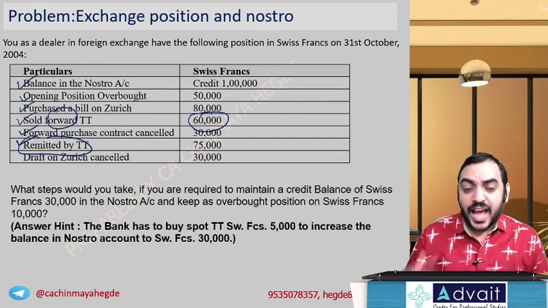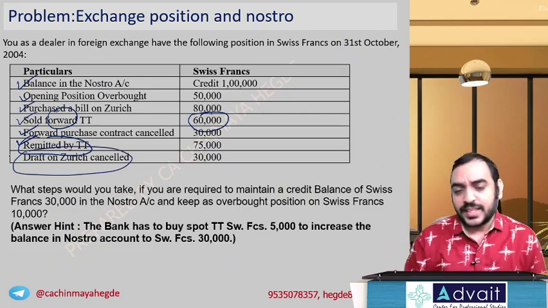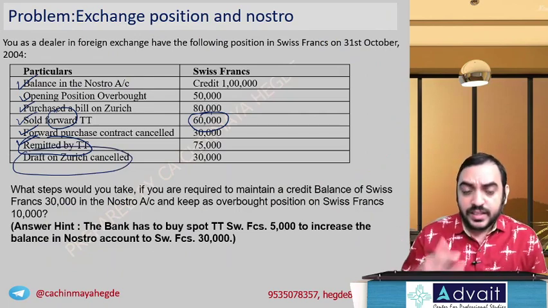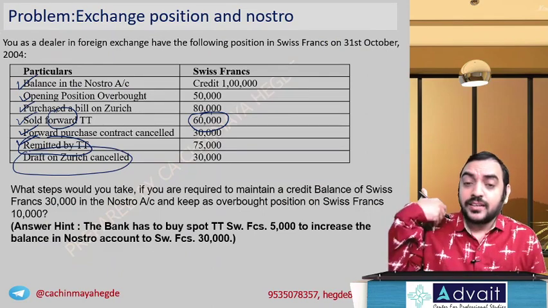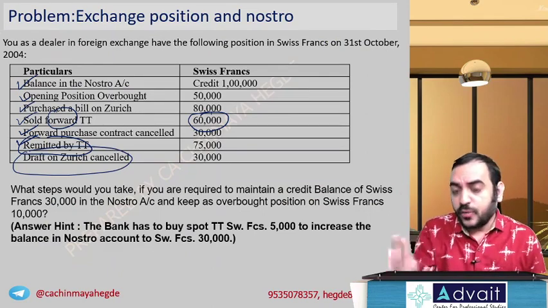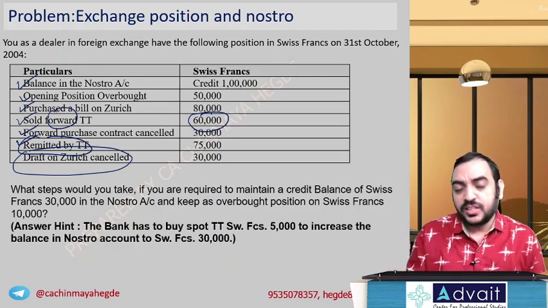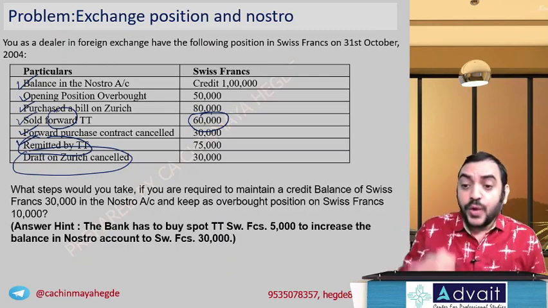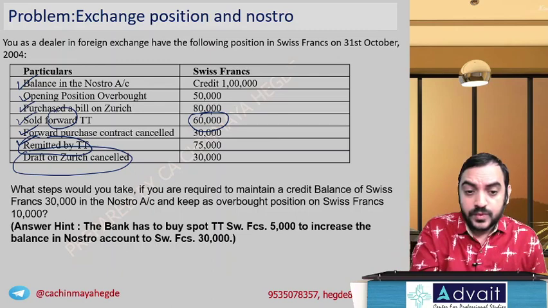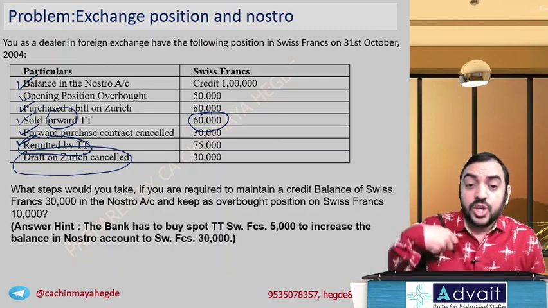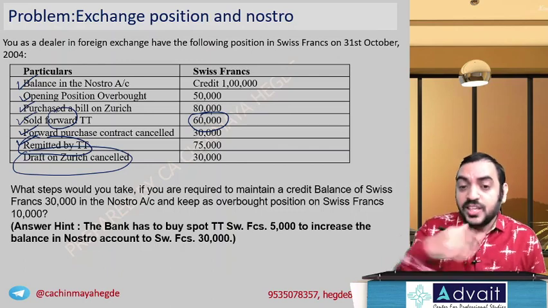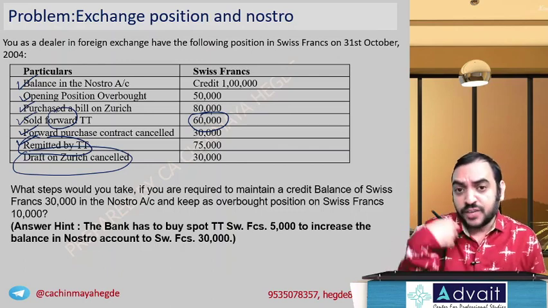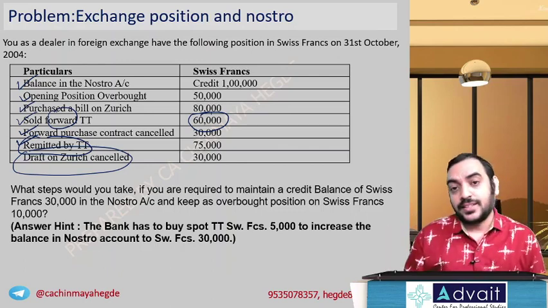Okay. Now, draft on Zurich cancel. This might be slightly technical term. You should understand. Very simple only. Draft is like the forward contract given. I don't know whether you handle DD draft much in practical life. You had issued a draft on Zurich on foreign currency. That is like a forward sale contract. Now cancelled.